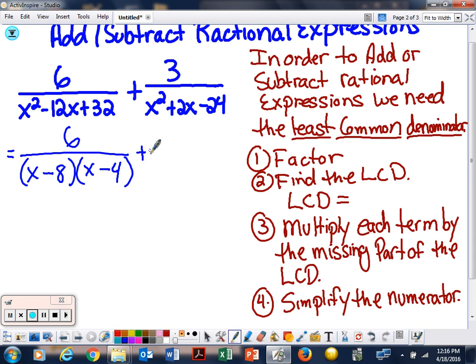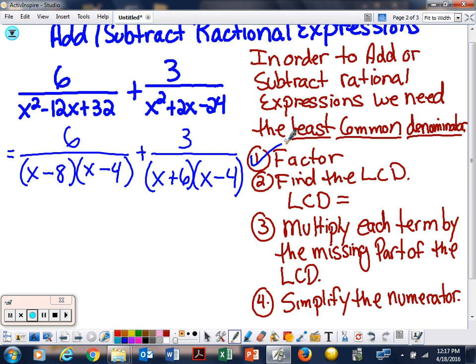Plus, okay, now the other one, factor the denominator. So factors of negative 24 that add up to 2. That would be x plus 6 and x minus 4. So we have factored. Now we need to find the least common denominator. Now remember, the least common denominator is the highest exponent of each expression.